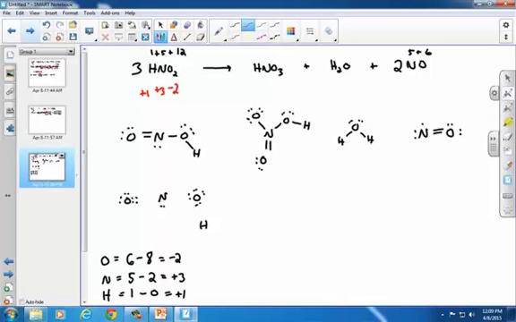Looking at the products, I would do the same thing. I would draw here the molecule and recognize that the shared electrons are going to be pulled more toward the more electronegative atom.